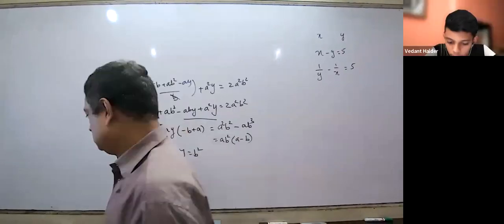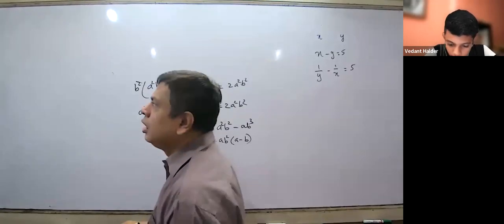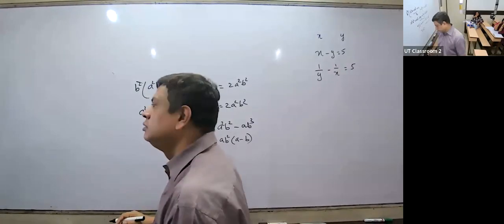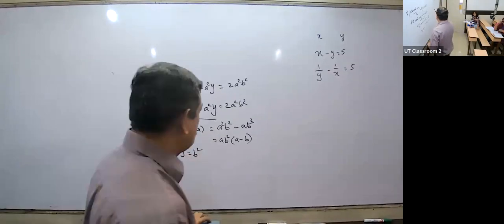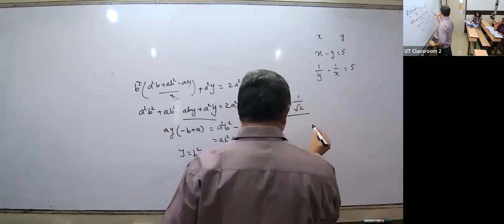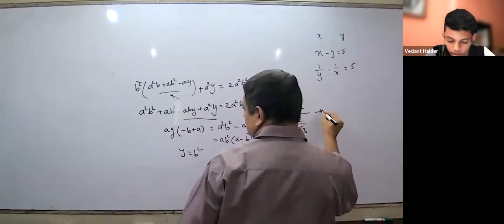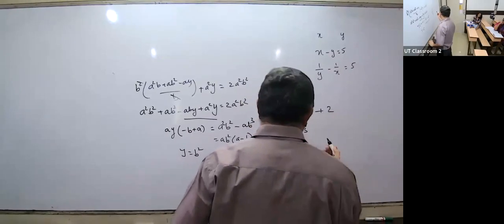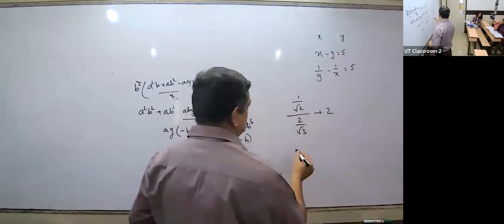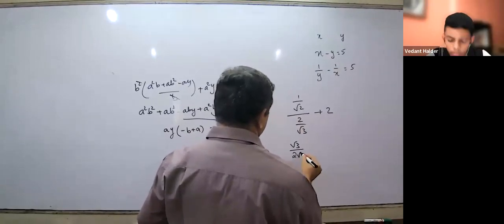Cos 45 upon sec 30 plus cosec 30. Cos 45 is 1 upon root 2, upon sec 30, which is 2 by root 3, plus 2, cosec 30. So this is equal to root 3 divided by 2 root 2 plus 2.